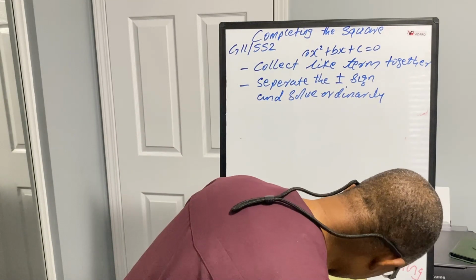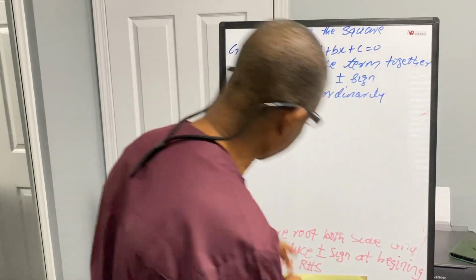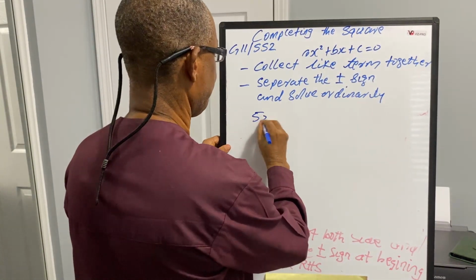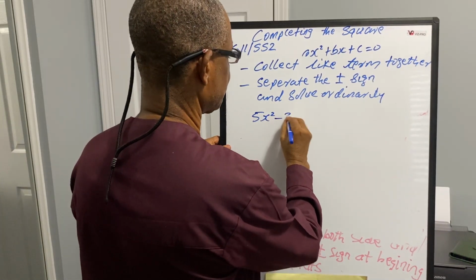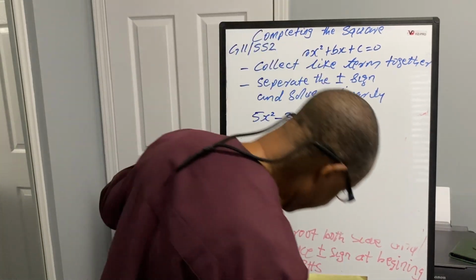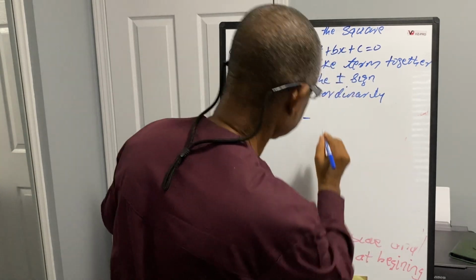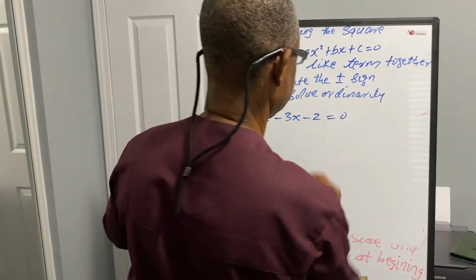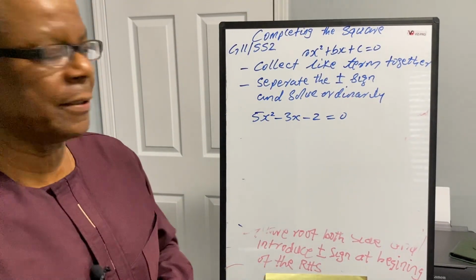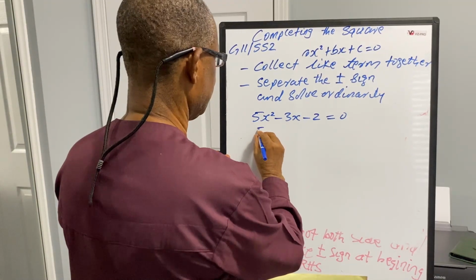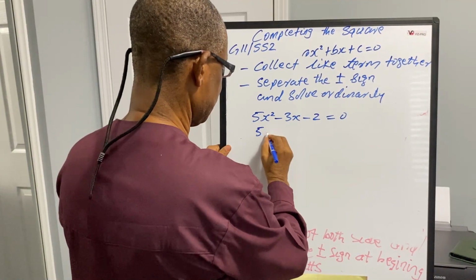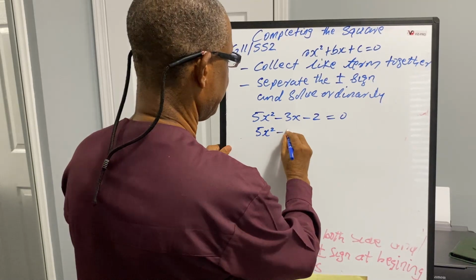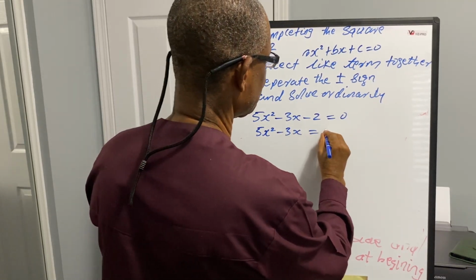We are asked to solve this equation 5x squared minus 3x minus 2 equals 0. Step 1, we rearrange: 5x squared minus 3x equals 2.